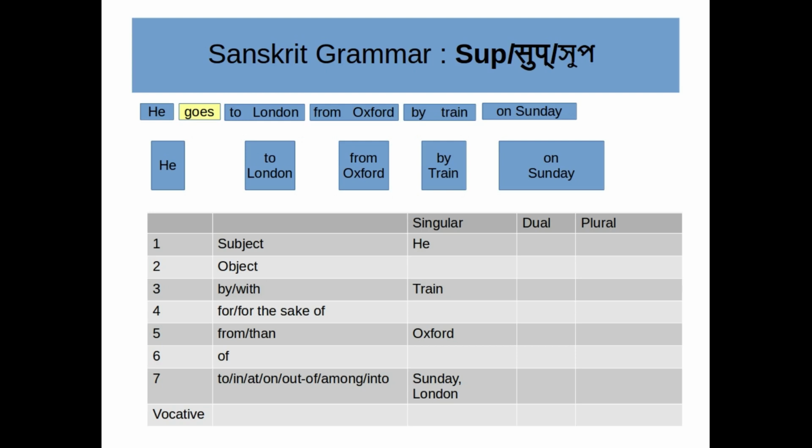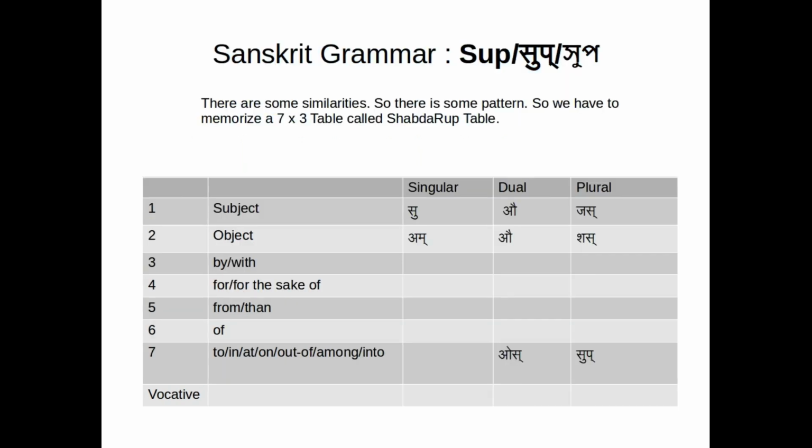Now, more memorization for subvibhakti. So, there are different words. We have to apply one of these 21 subvibhaktis on them so that we can derive their proper form to be used in the sentence so that the sentence conveys the correct meaning.